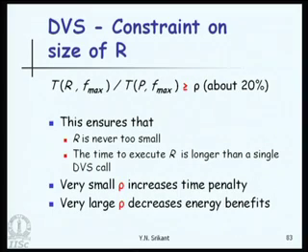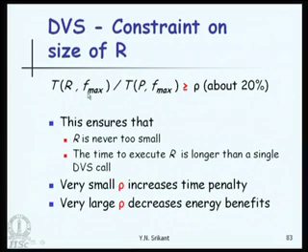So, given that there are two regions, there is a region R and there is a whole program P. There is a constraint on the size of the region R. In other words, T(R, F max) is the time required to run the region R at the highest frequency F max, and T(P, F max) is the time required to run the whole program at F max.